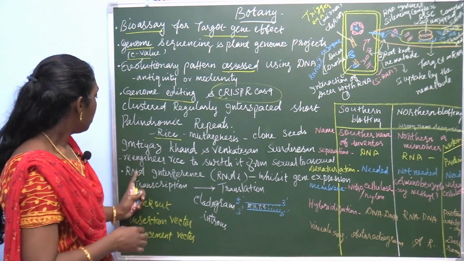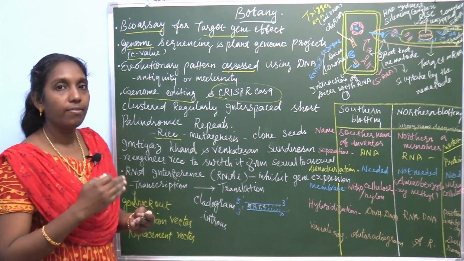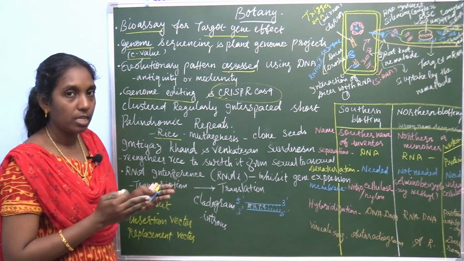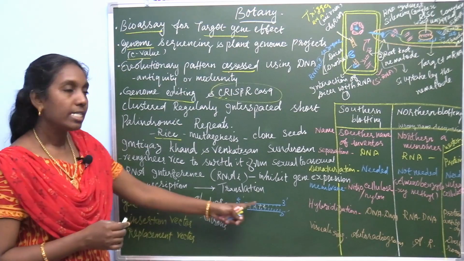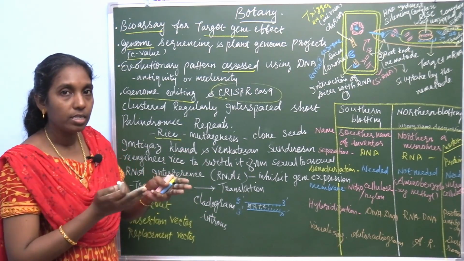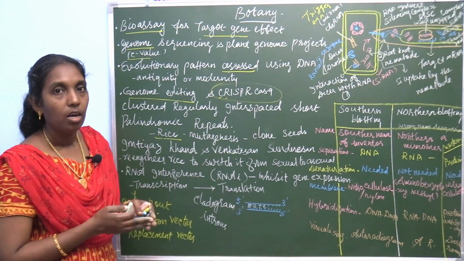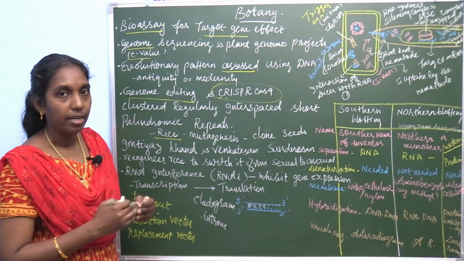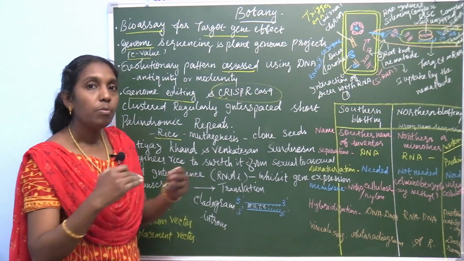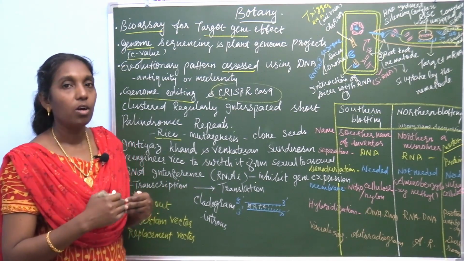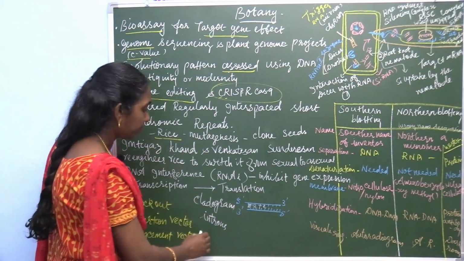Here the question is RNA interference. Some of this genetic code is the sense code. The coding region of this DNA is the sense strand or coding strand. But some regions of DNA are in silence.